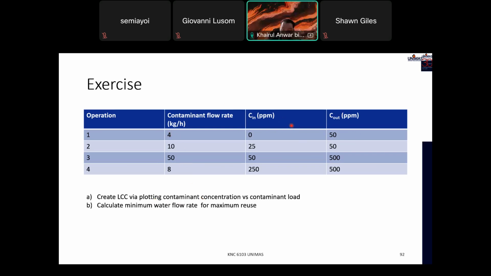So meaning you have 4 arrows, 0 to 50, 0 to 50, 500. Once you get the arrows, then you need to combine it.